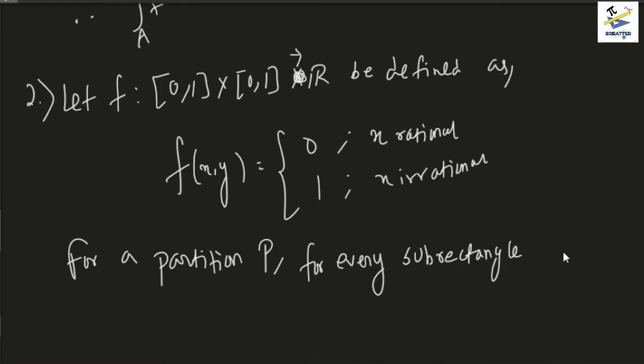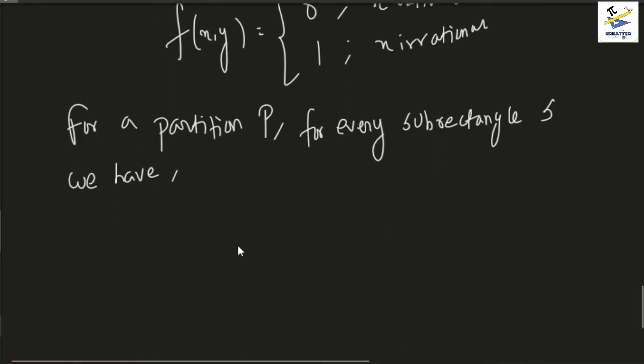for every subrectangle S we have the interval, let's say [ai, bi], will contain both rational and irrational points, right?